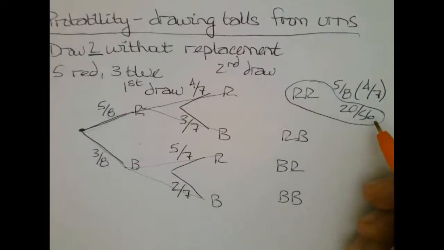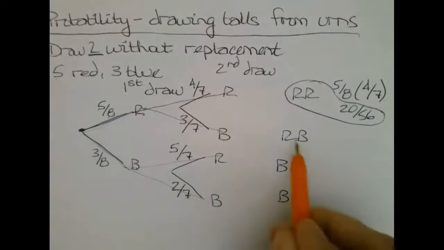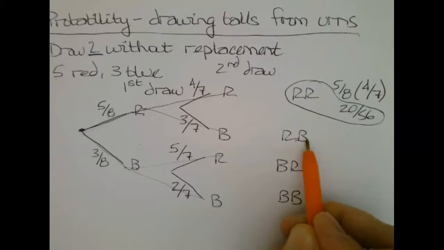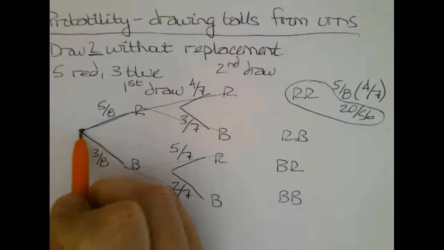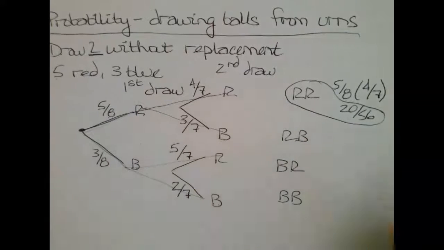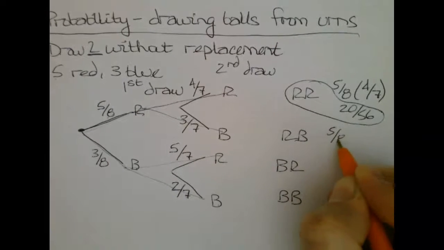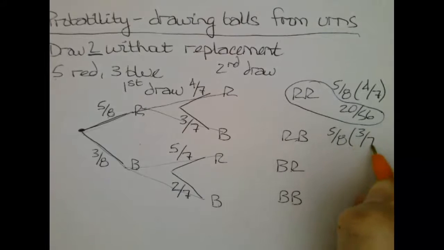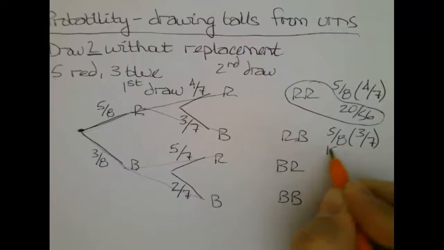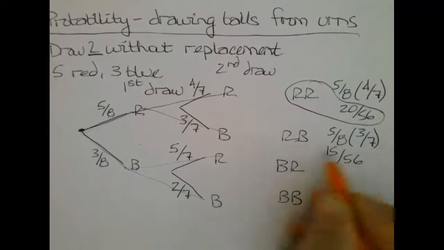It's not quite half. The probability I get a red one and then a blue one, I got 5/8 times 3/7, which is 15 out of 56.